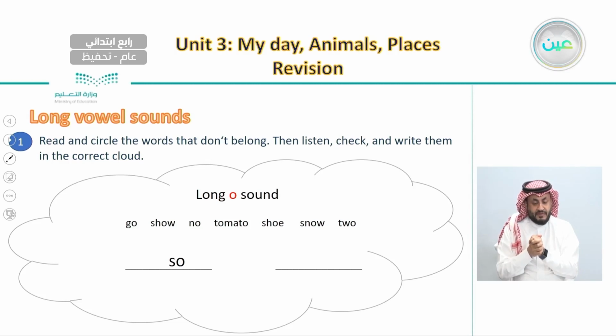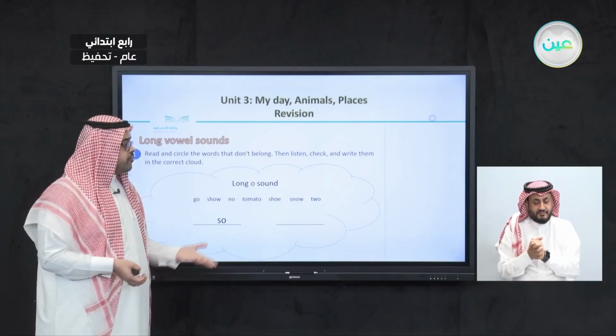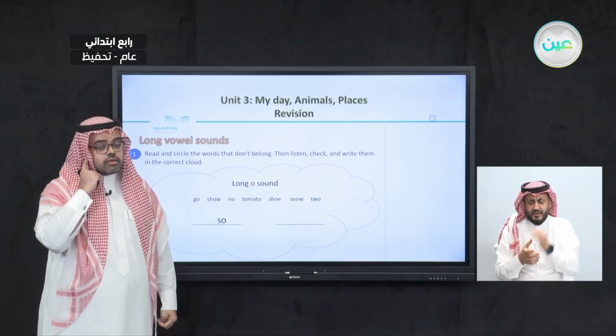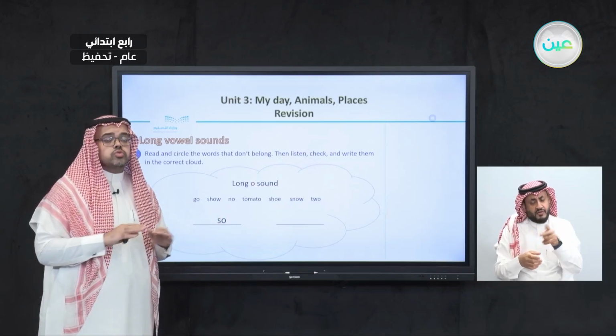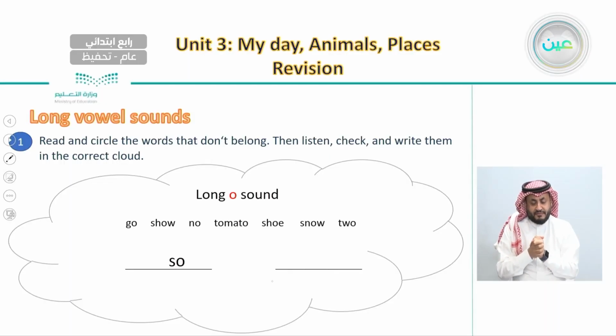We brought so from another cloud to this cloud that is called the long O sound. So we circle the words that do not belong, and then we listen to all these words and check if any do not belong to this cloud. Then we write them in the correct cloud. It is important: we have 5 clouds, and each has its own sound.